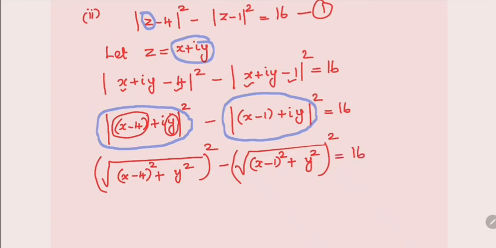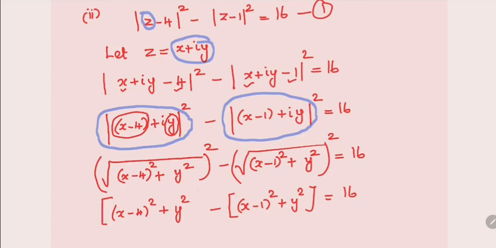Now the square root and the square get cancelled. So you will have x minus 4 the whole squared plus y squared. In between you are having minus. So after the minus you will have two terms, so I'll put them in a bracket. Here the square root and the square get cancelled, so you will have x minus 1 the whole squared plus y squared is equal to 16.